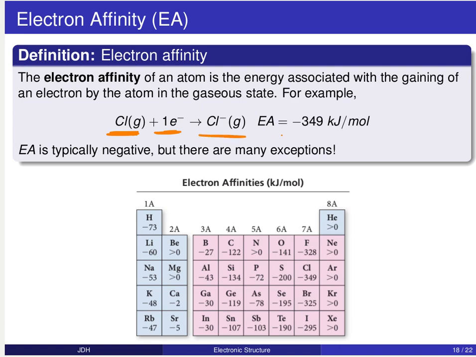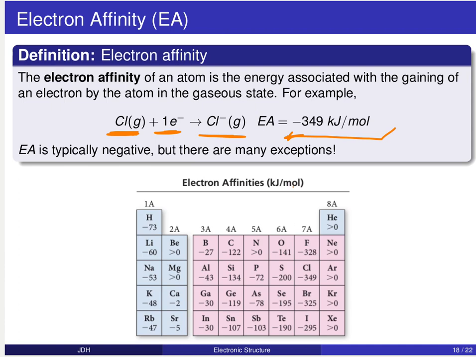Right? Turns out that the electron affinity is, for chlorine, on the order of minus 349 kilojoules per mole. So typically, we're going to see negative values for these electron affinities, but that's not always the case. There's a number of exceptions.